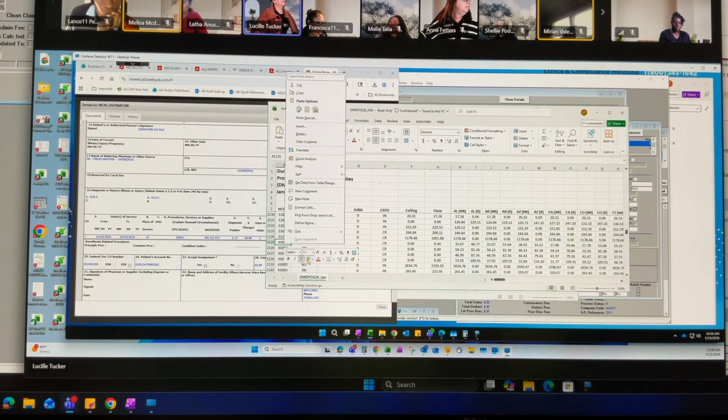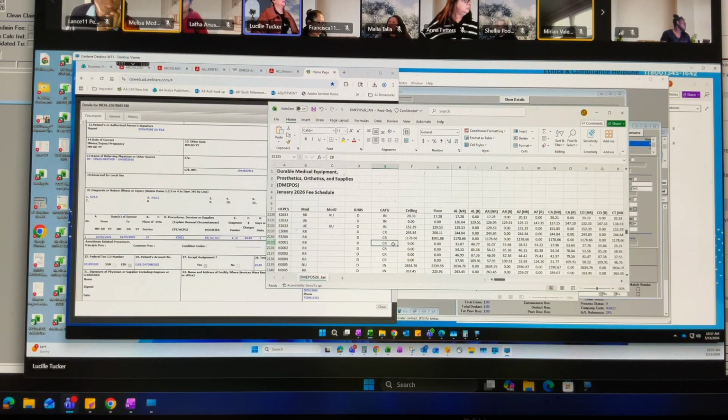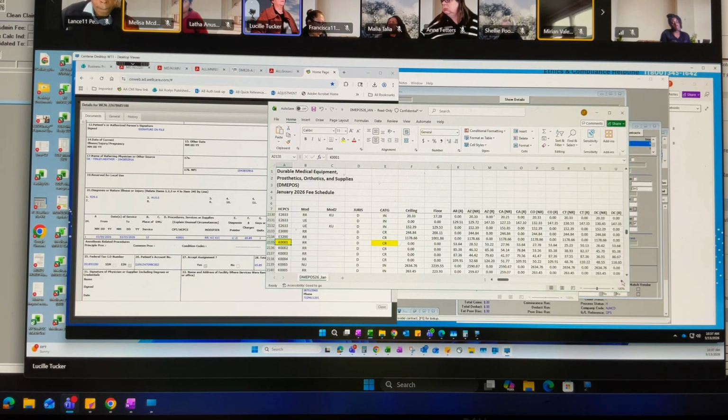I have my CPT. It is a capped rental. And I need New Jersey pricing for this line.